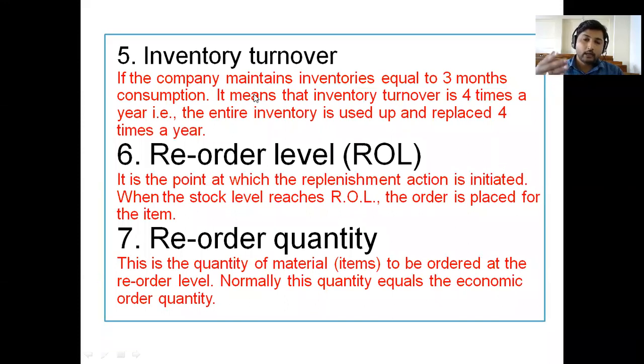I will start the replenishment action 4 days before that safety stock.